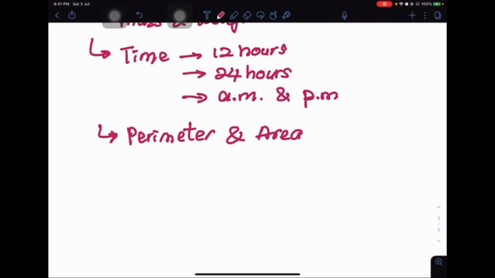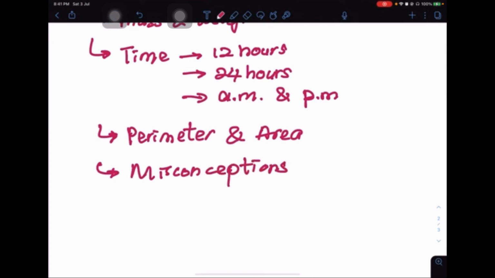And we also looked at some misconceptions when it comes to measurement. Some misconceptions are quite serious if you don't address them.